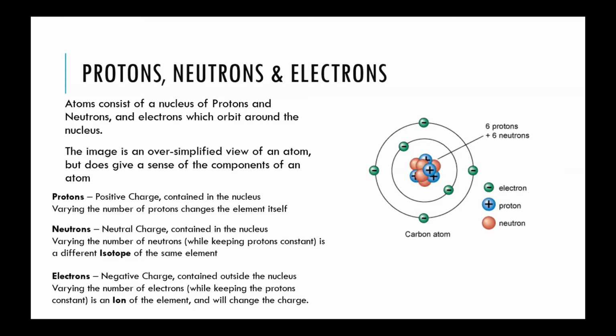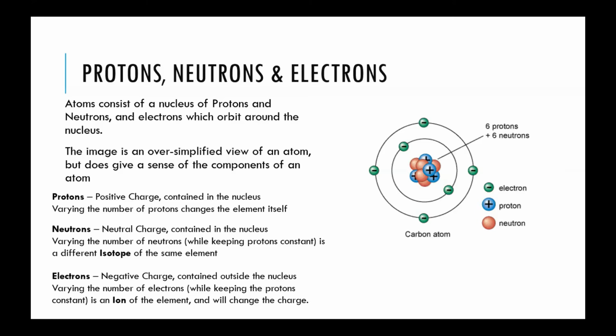Electrons themselves are negatively charged, so they balance with the protons. In a neutral atom, straight from the neutral element on the periodic table, the number of protons and electrons are the same.